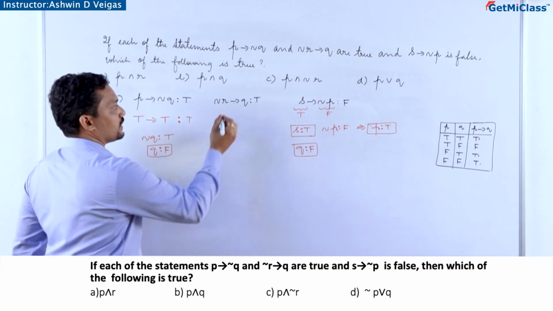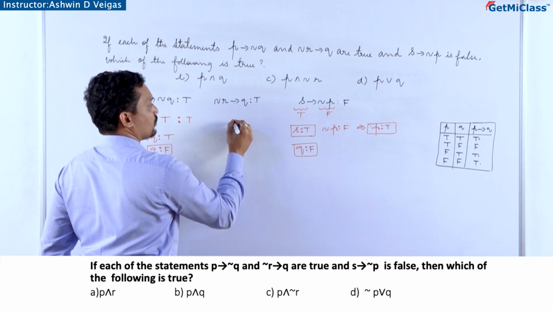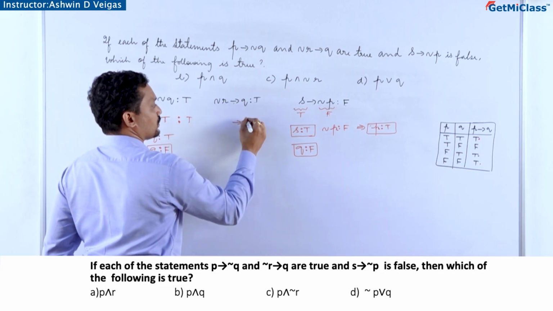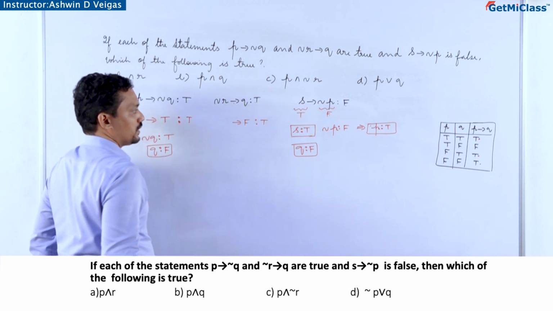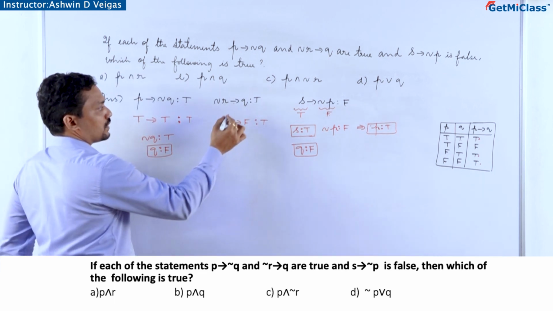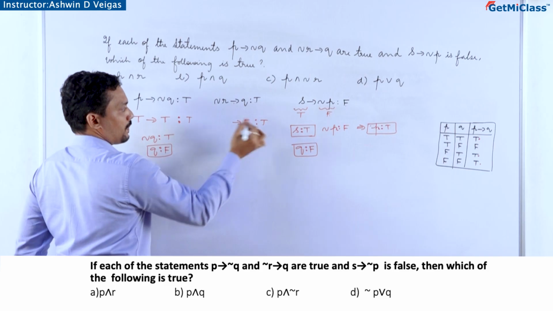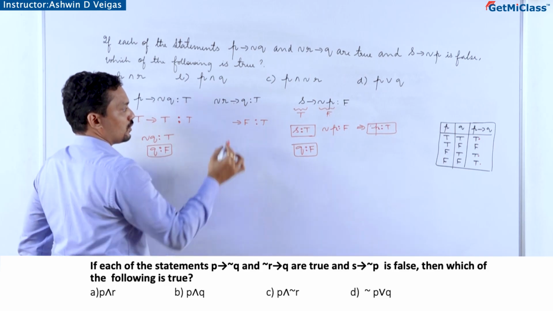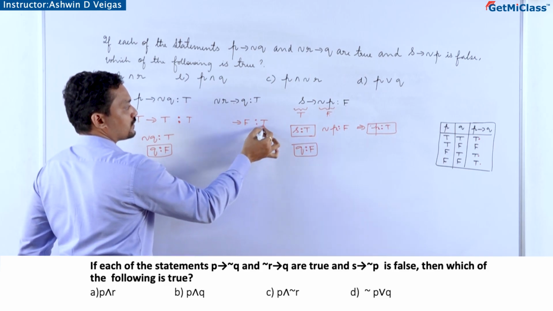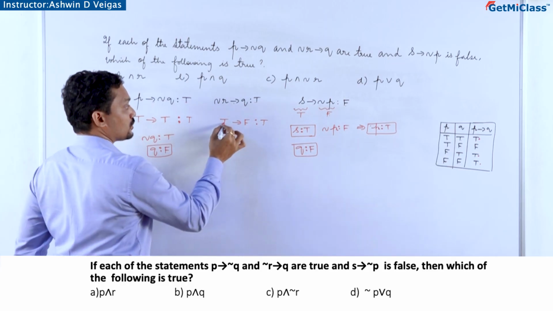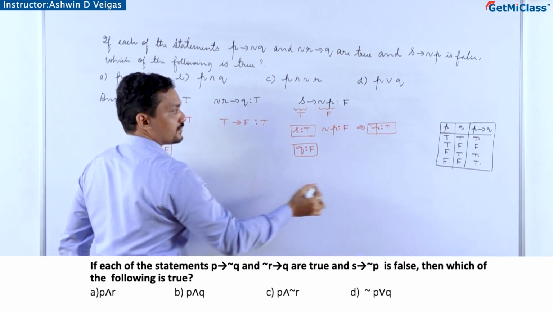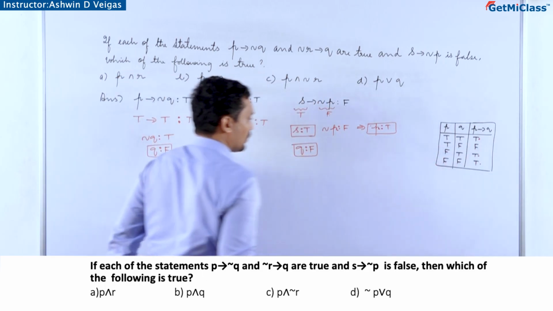Okay. Now, come to this. Now, we got the value of Q. Q is false, and this is given as true. Now, the implication should be true, but the antecedent is false. What then false is true? This cannot be true, because true then false will be false. See, it is here, true then false will be false.